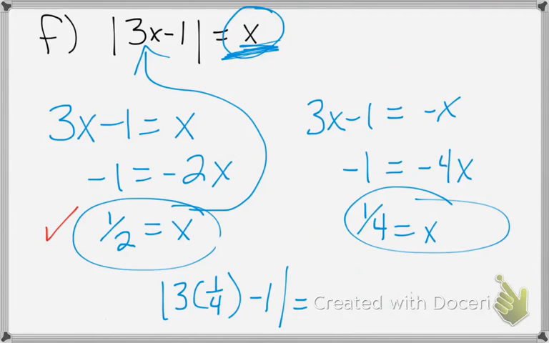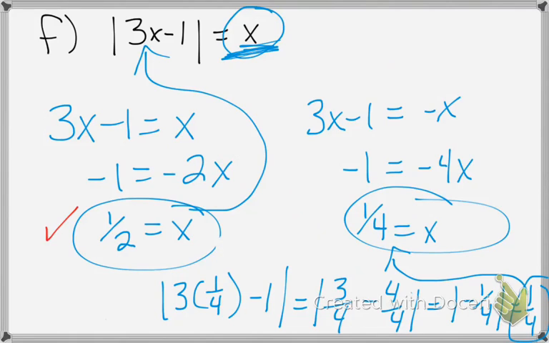So 3 times 1 over 4 would give us 3/4 minus 1. I'm going to go ahead and get a common denominator. So I've got the absolute value of 3 over 4 minus 4 over 4, or the absolute value of negative 1 over 4, which does give us a positive 1 over 4, which is exactly what we wanted. And so in this case, we do have two solutions, and both are valid.